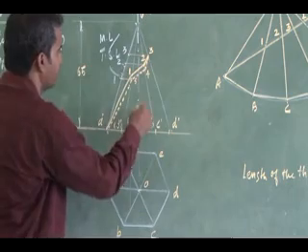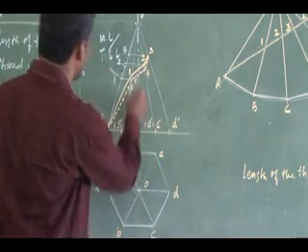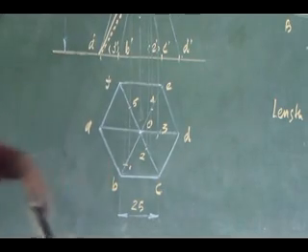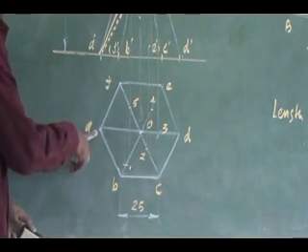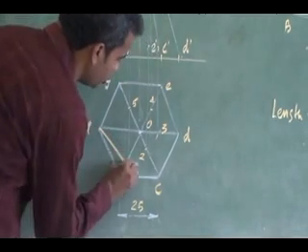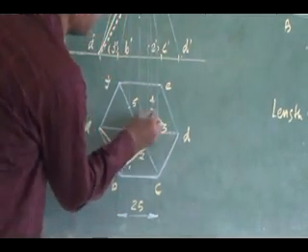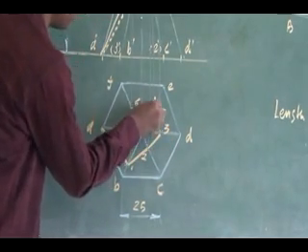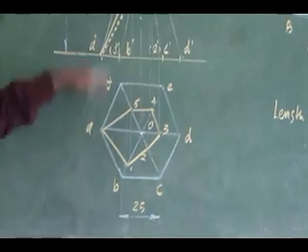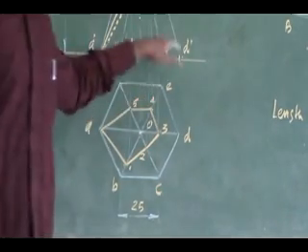Project it to the top, similar to the cutting points in the section of solids. So my thread starts from A, it goes to 1, then 2, then 3, then 4, 5, then 8. So the thread in the top view will be seen like this.